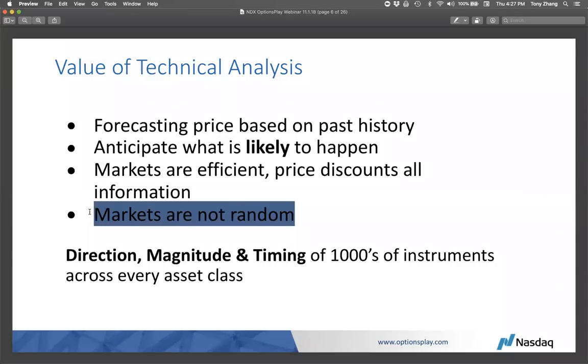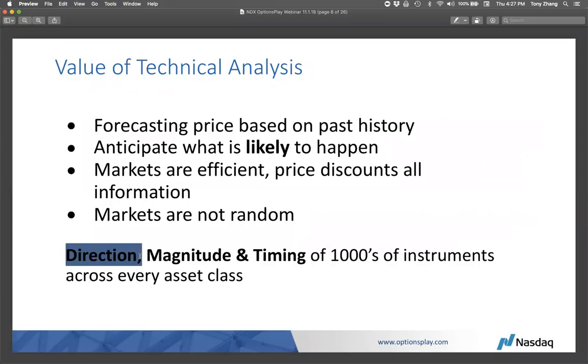And the benefit of technical analysis, in my opinion, above all other forms of analysis, is that by studying charts, you get a sense of three very important things when you're trading. Direction, which is whether you think an asset's going to go higher or lower. Magnitude, which is how much higher or lower you think it's going to go. And lastly, timing, meaning how much time do you think it's going to take for that move up or down to happen.